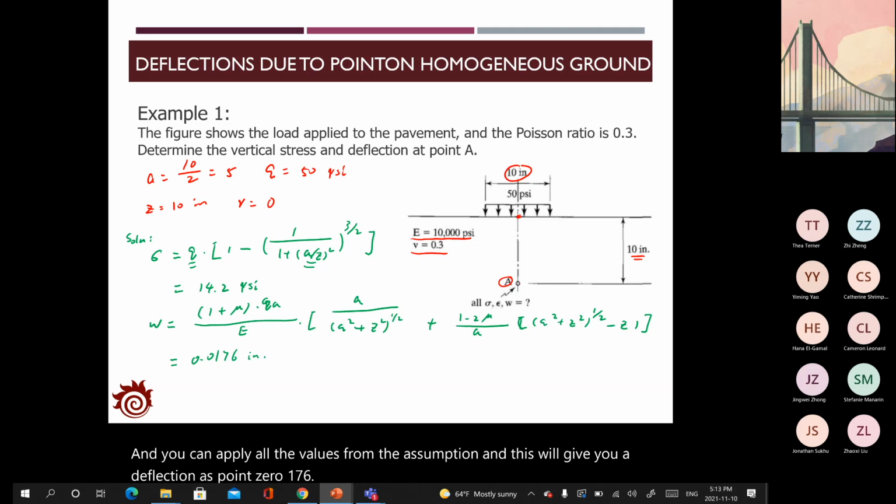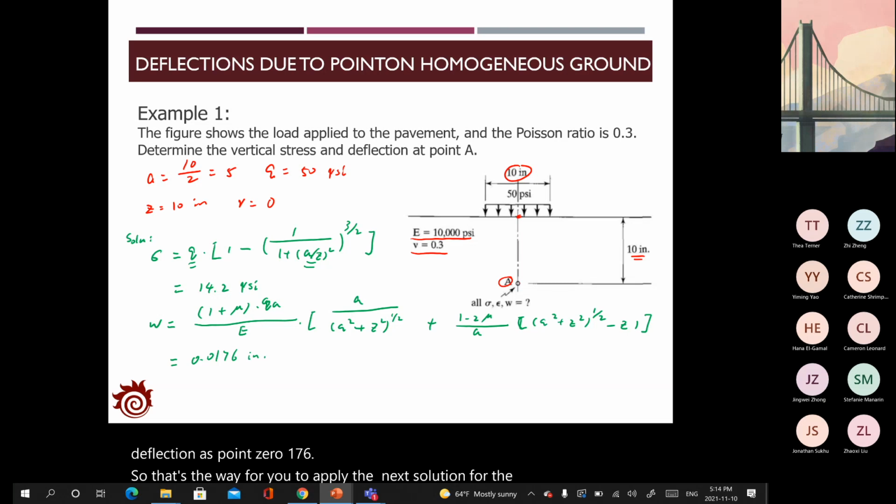So that's the way for you to apply the Boussinesq solution for the calculation of the vertical stress and deflections at point A.